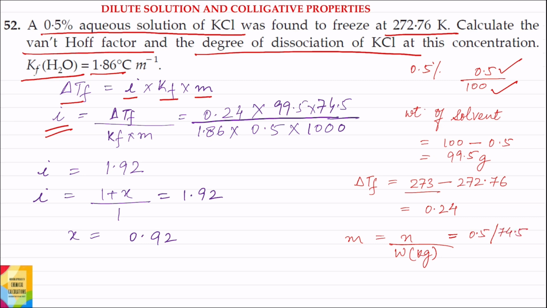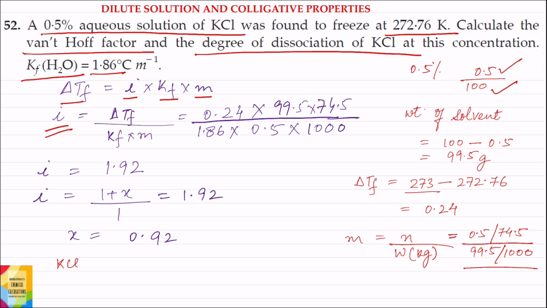So 0.5 divided by 74.5, ये हो गया moles of solute divided by weight of solvent in kg. Solvent है water, weight of solvent है 99.5 gram और इसको kg में convert करेंगे तो weight of solvent हो जाएगा 99.5 divided by 1000 kg. ये हो गई वैल्यू मोलालिटी की.